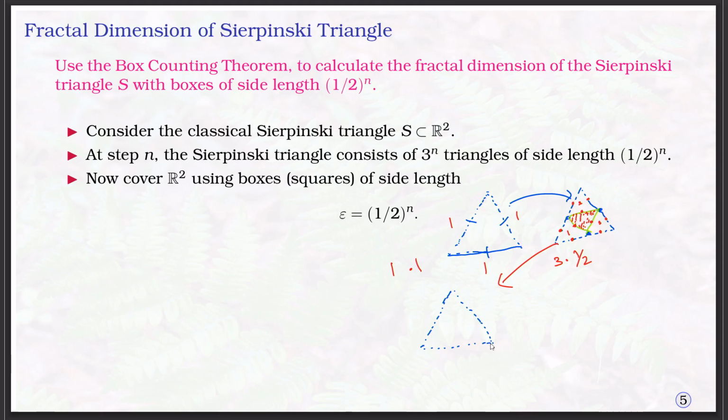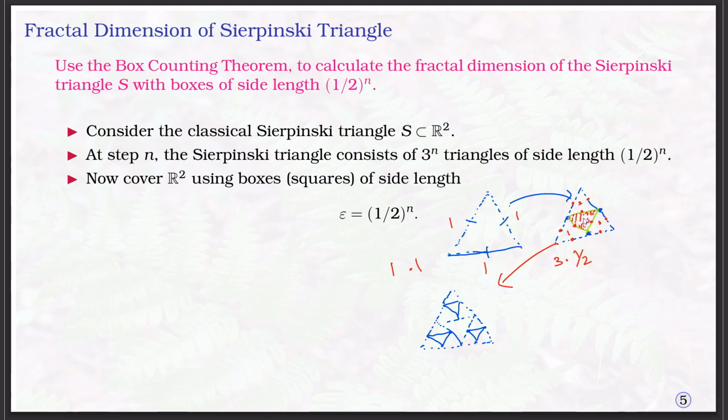All the side lengths are 1. Then after the first iteration we get this triangle, and after the second iteration we get this triangle.